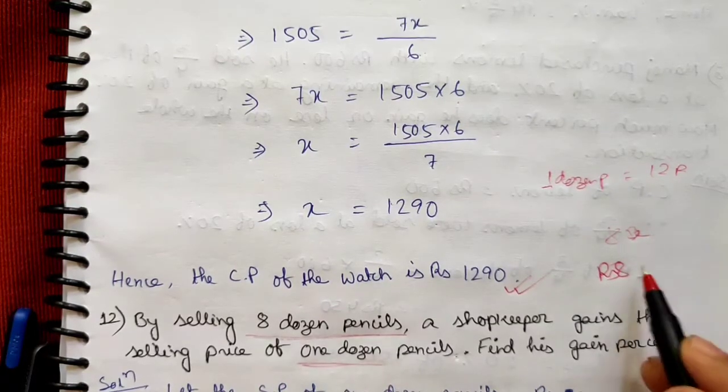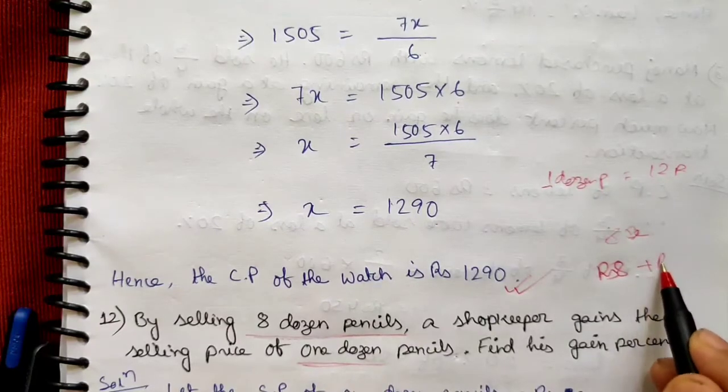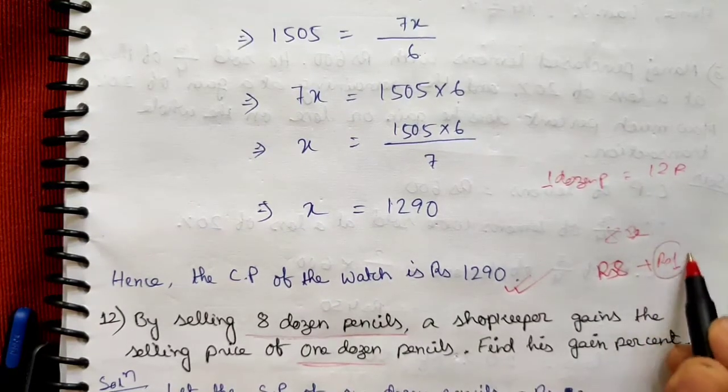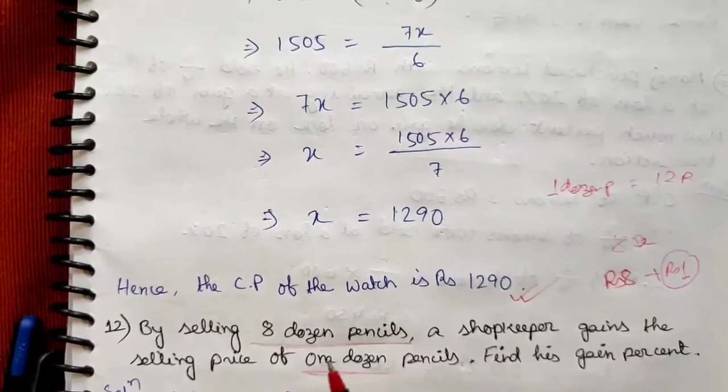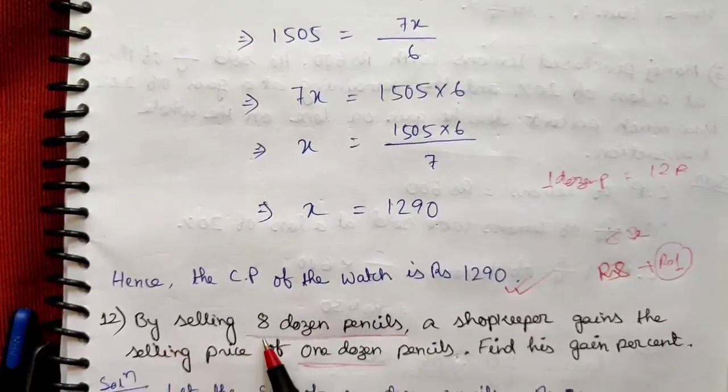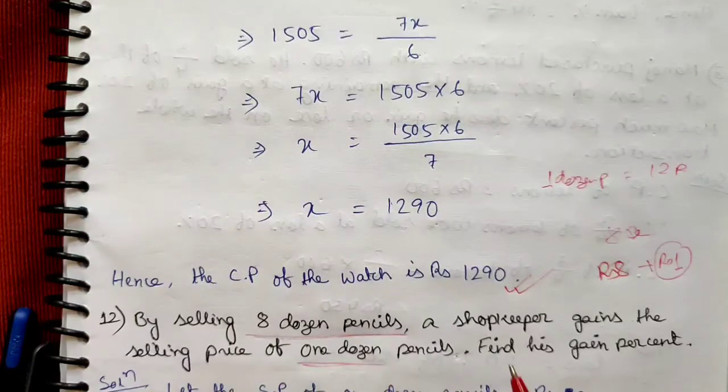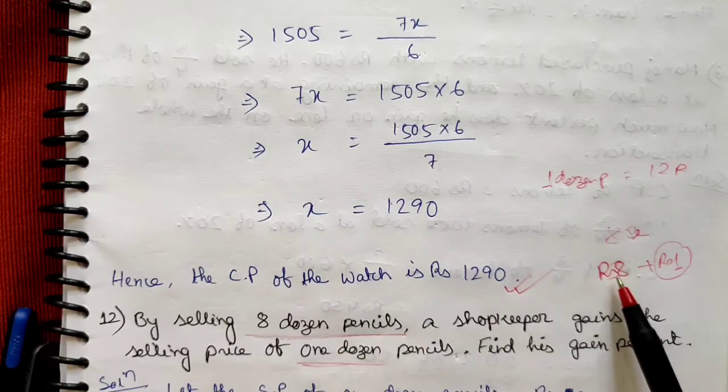So it will be rupees 8 plus rupees 1. Why is this rupees 1? Because rupees 1 is the selling price of 1 dozen pencil, isn't it? Look, in the question it is saying that by selling 8 dozen pencils, a shopkeeper gains the selling price of 1 dozen. So the total price will be what? Rupees 9, isn't it? Okay.